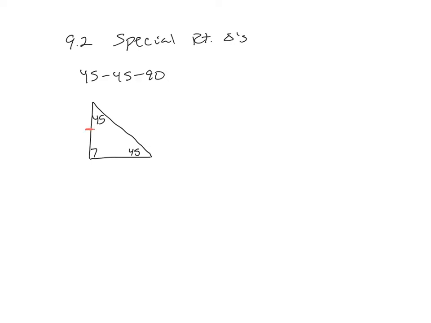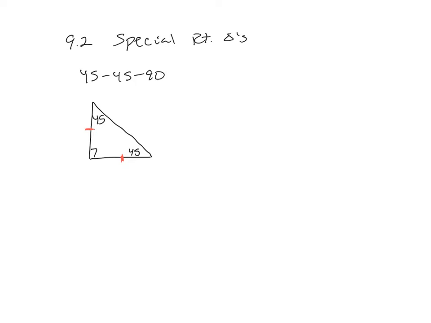It ends up being, because they're both the same, that those sides are going to both be the same. It's an isosceles triangle. There's a base triangle theorem that we talked about forever ago, but those sides will be the same on a 45, 45, 90 triangle.